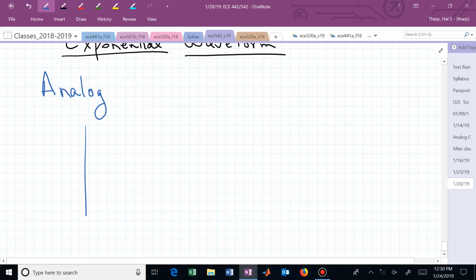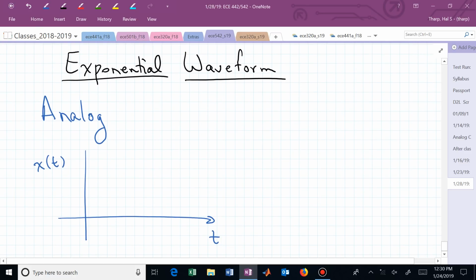Suppose we now have the time axis t, and here is x of t. And let's say that x of t is e to the a t, and let's just make it causal, or for t greater than or equal to 0.